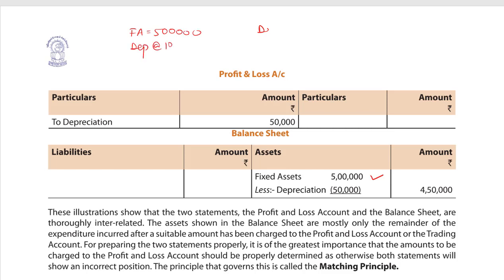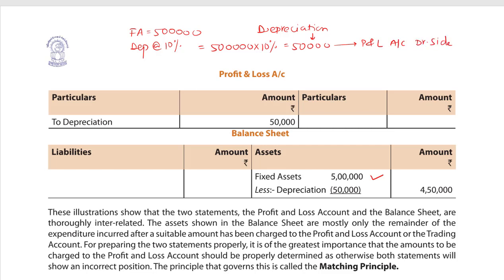Depreciation at the rate of 10%: 5 lakh multiplied by 10% equals 50,000. This is depreciation. It is shown on the debit side of the profit and loss account as an expense.